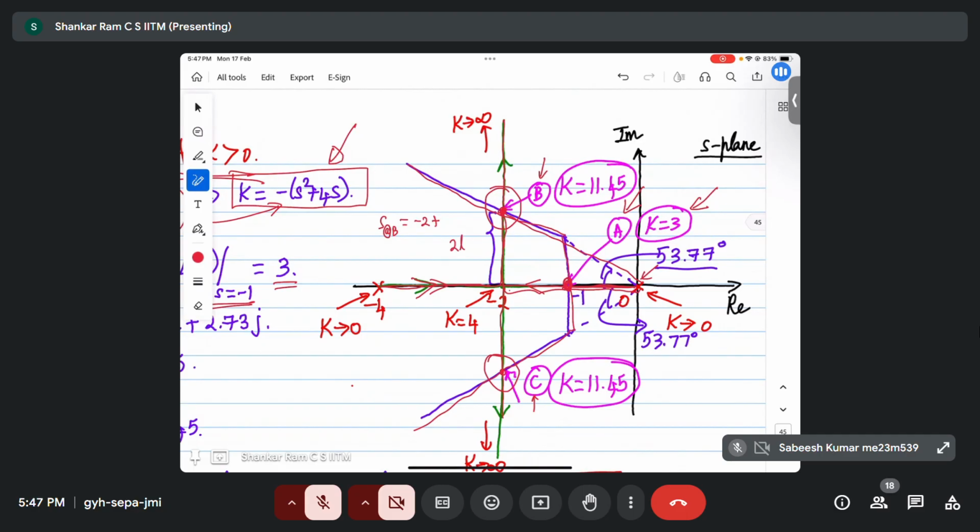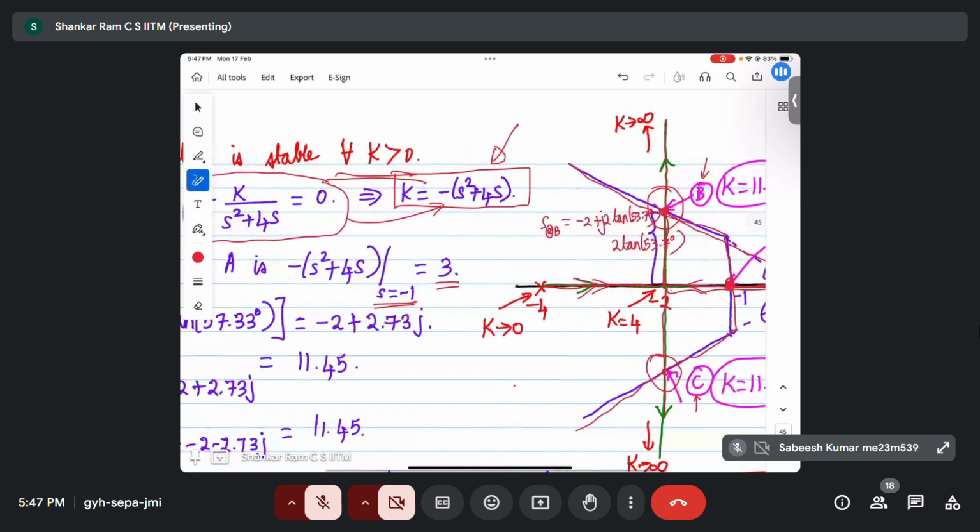So this is going to be 2 tan 53.7. So the value of S at point B is -2, which is the real part, plus 2 times tan 53.7 times j.